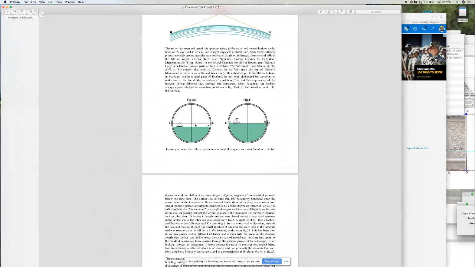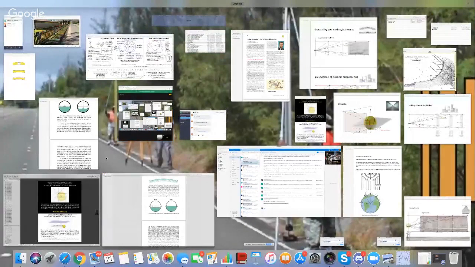So his conclusion is that it isn't the drop in the actual horizon. That's exactly how it works with magnification through an instrument. It's refraction. So what I did was I went out and did a test to test this theory.